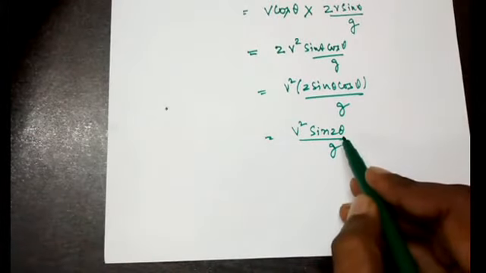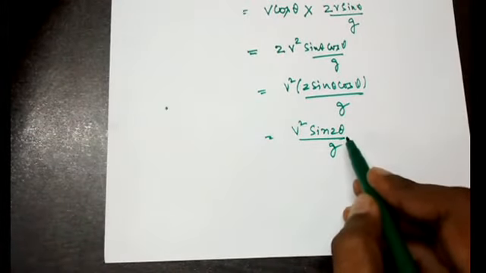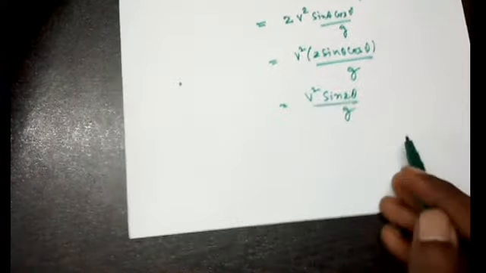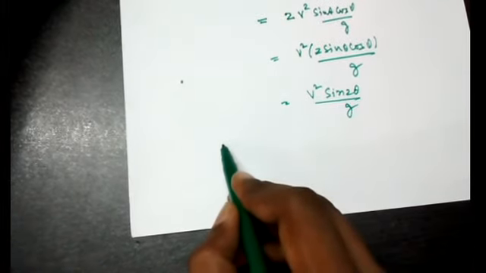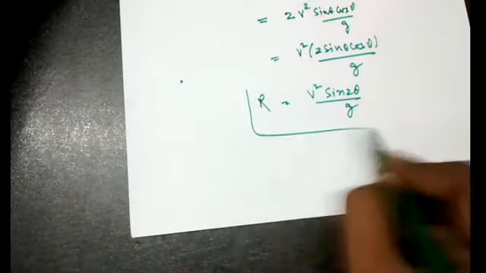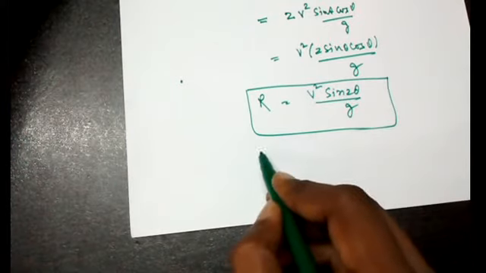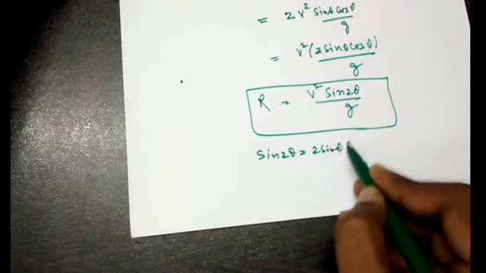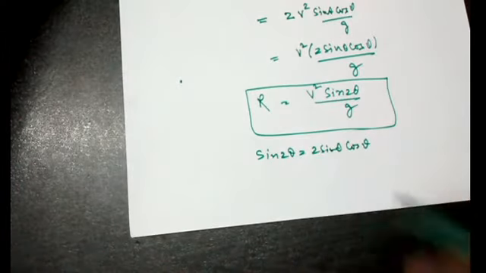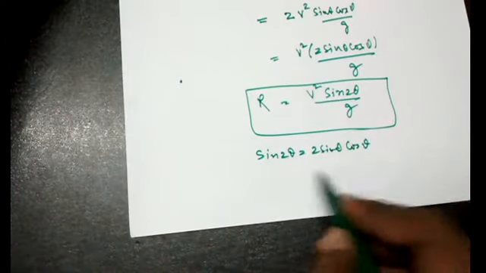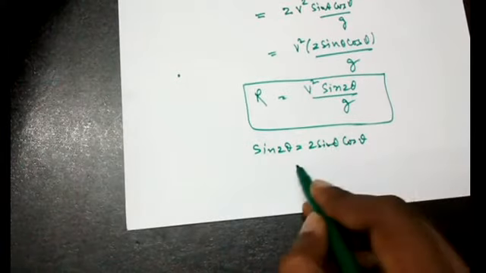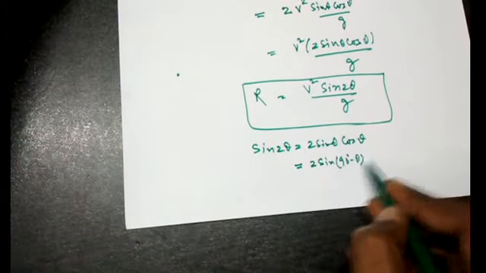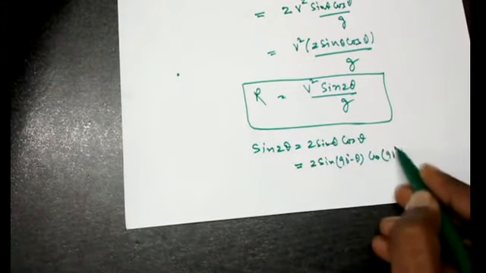Now, if you replace theta by 90 degree minus theta, what do we get? We know this is the expression of range. You know very well that sin 2 theta is equal to 2 sin theta cos theta, but if we replace theta by 90 degree minus theta, that is its complementary angle, we get 2 sin of 90 degree minus theta times cos of 90 degree minus theta.